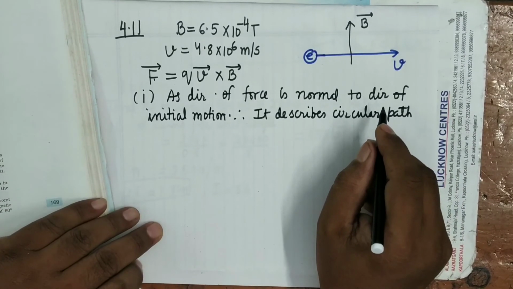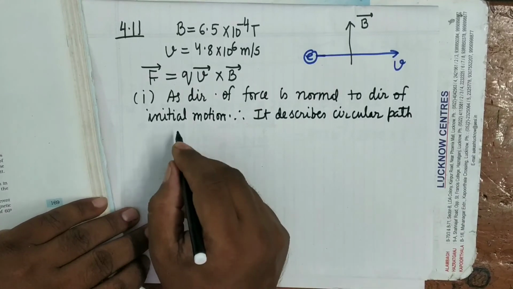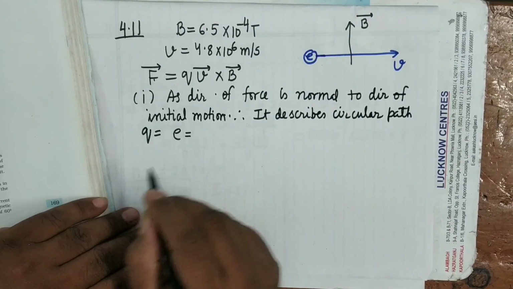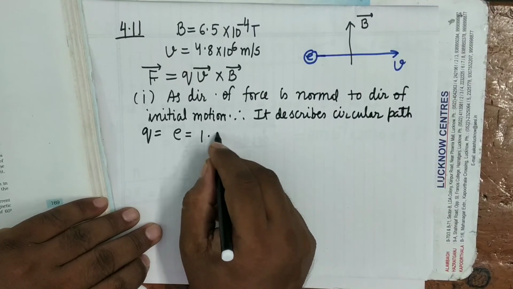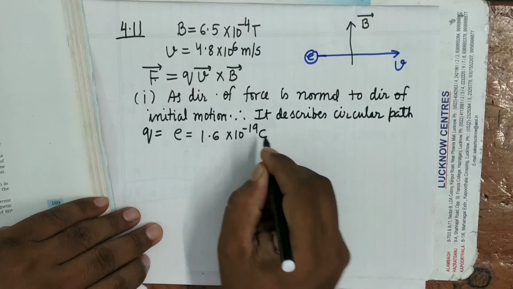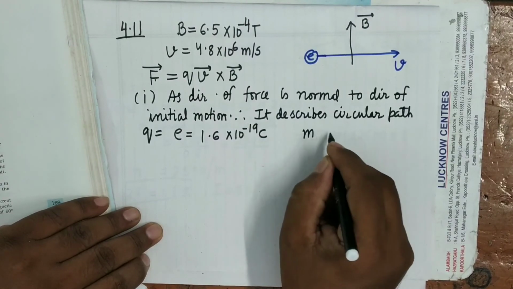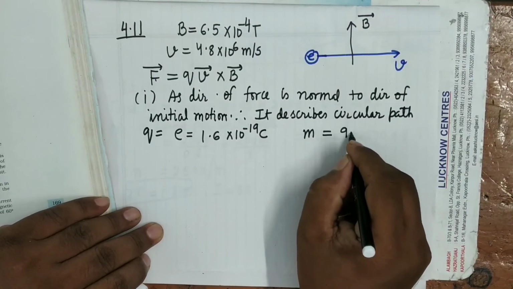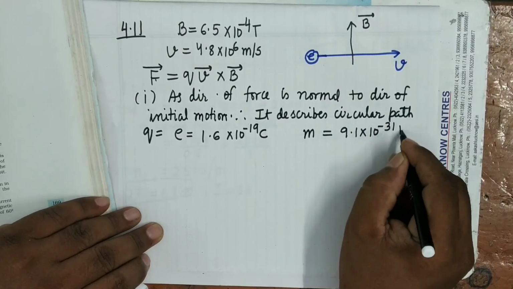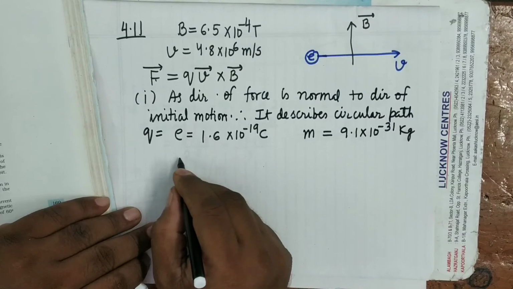Then determine the radius of circular orbit. Here e is given, that is the charge on the electron, 1.6 into 10 power minus 19 coulomb, and mass is given, 9.1 into 10 power minus 31 kg. You have to find the radius.